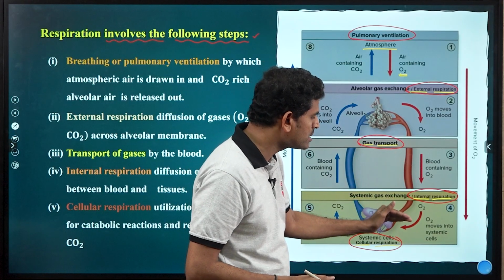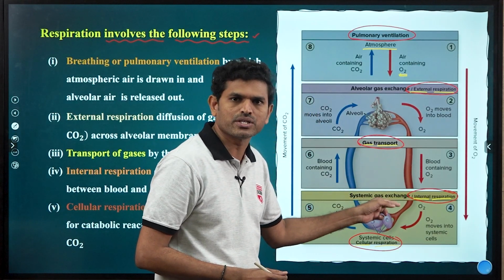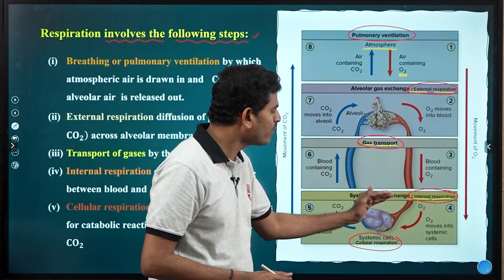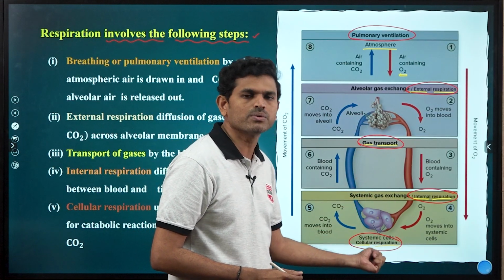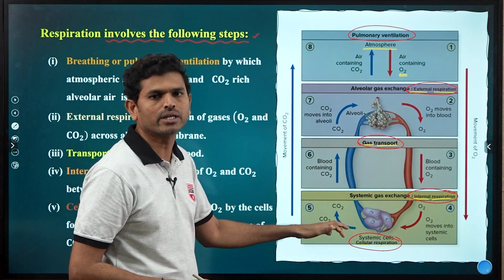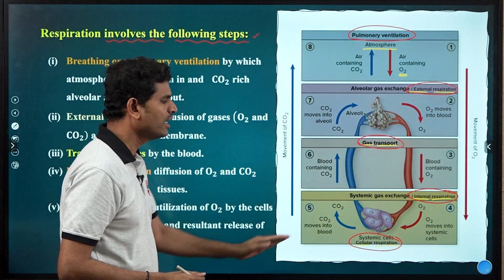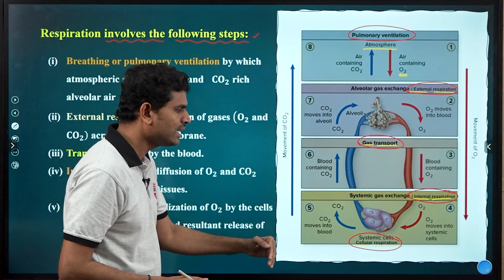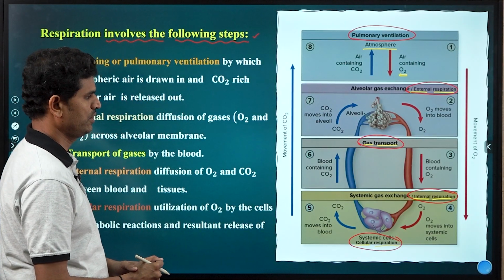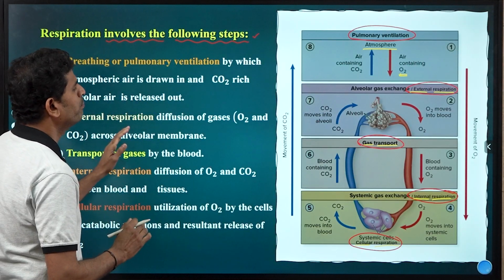Fourth step is the second exchange, occurring between the blood and tissues. Next one, finally, tissues or cells make use of these gases. This is called cellular respiration. Here oxygen will be utilized, oxidizing food materials indirectly and releasing the energy. Okay, so important, this is order based.